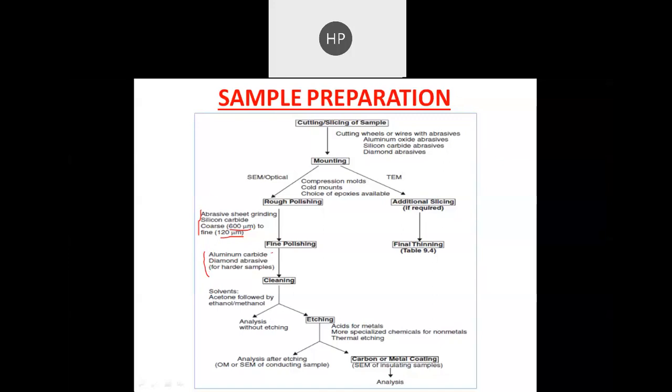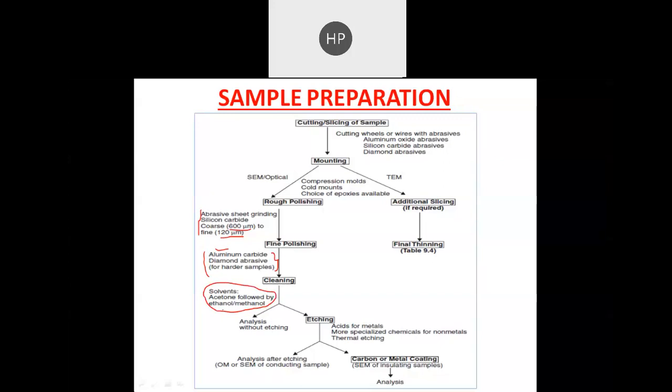Now this aluminum carbide or aluminum oxide, zirconium oxide, these are some of the powders which are used for fine polishing. And after that we have to clean that surface. We can use various solvents like acetone followed by ethanol or methanol, which are used to remove any undesired or foreign particles and completely clean the surface.